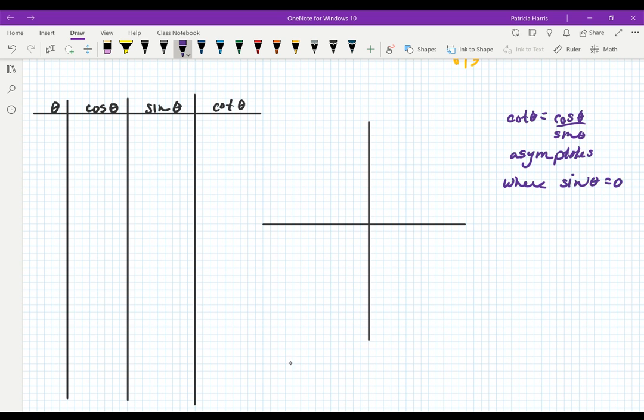Okay? So what's going to happen is we're going to choose the same values. You'll notice that I have my table a little switched. So what you're going to find is it's going to shift a little bit. So again, 0, pi over 4.